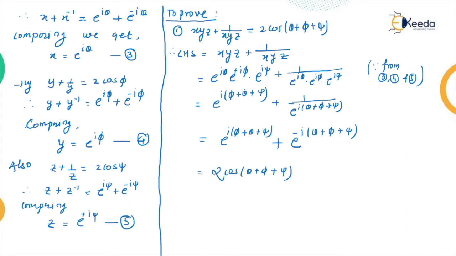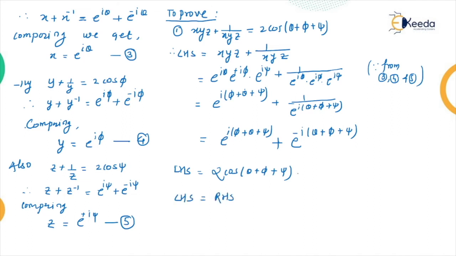So LHS is equal to 2 cos of theta plus phi plus psi, and you check, this is equal to RHS.